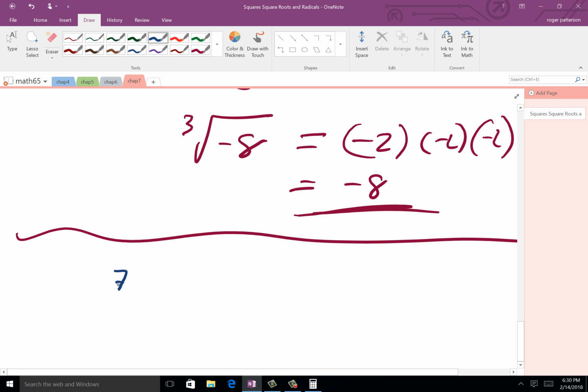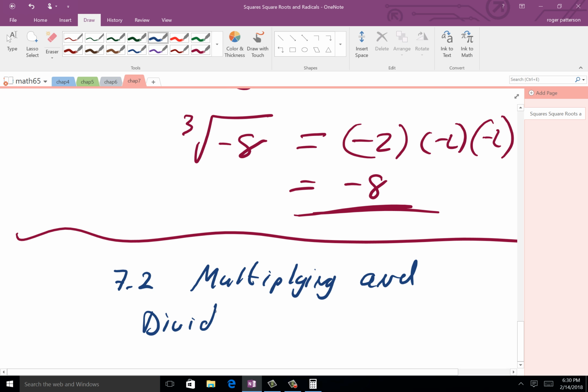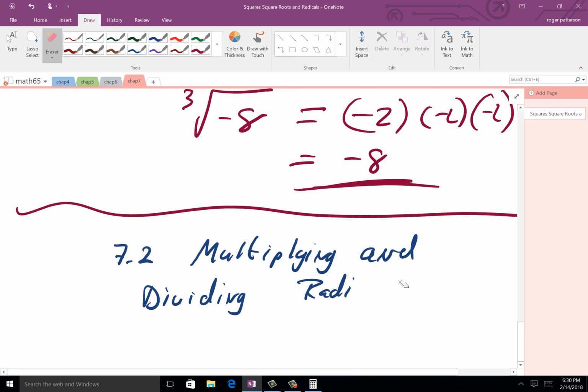7.2 then. Multiplying and dividing radicals.